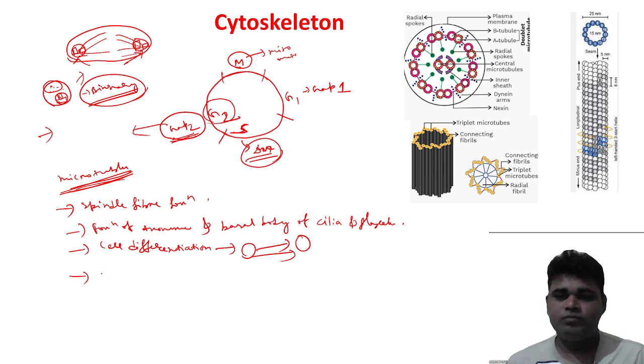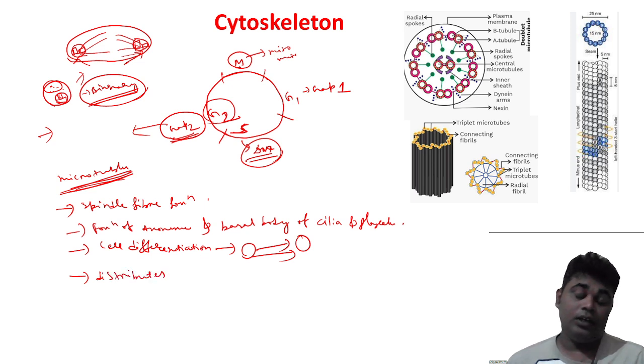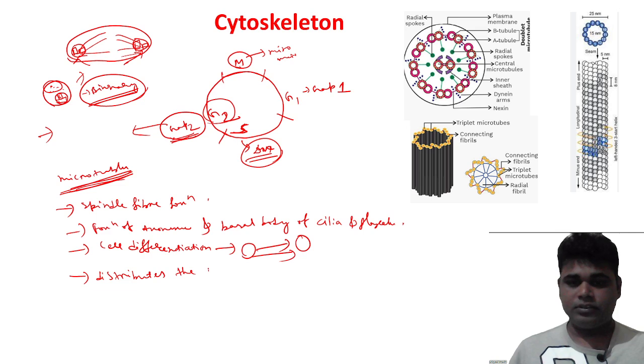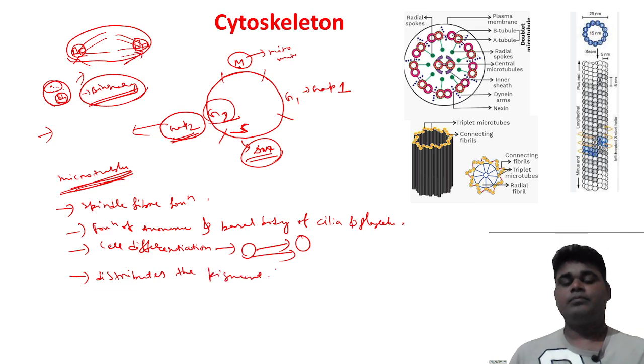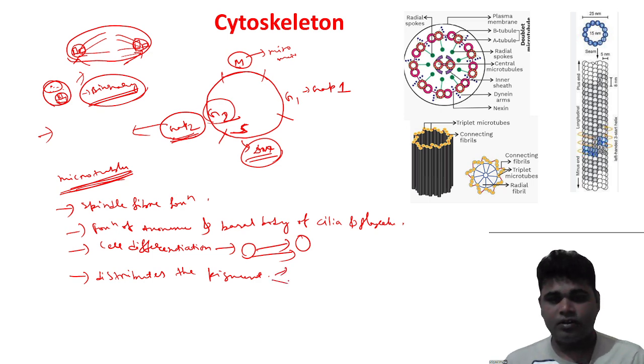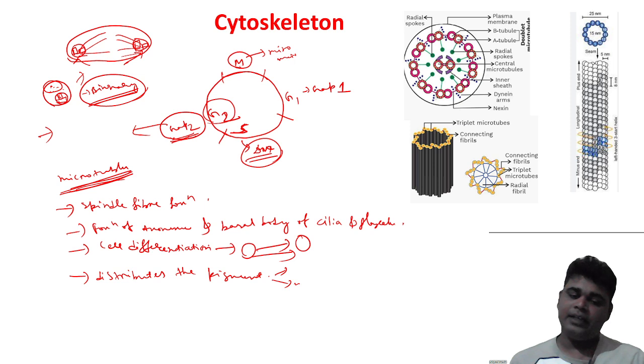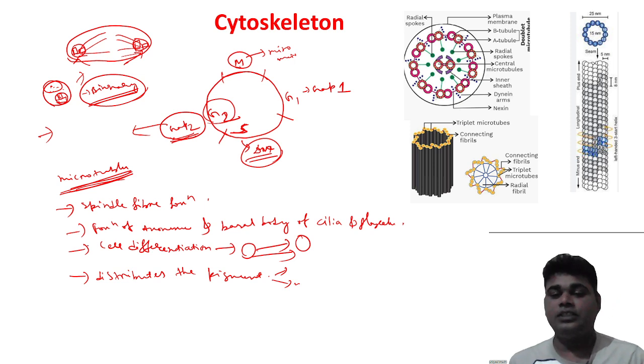Another is that it also distributes cell pigment, for example the chloroplast or the melanocyte. Another is that it also helps in cell movement.